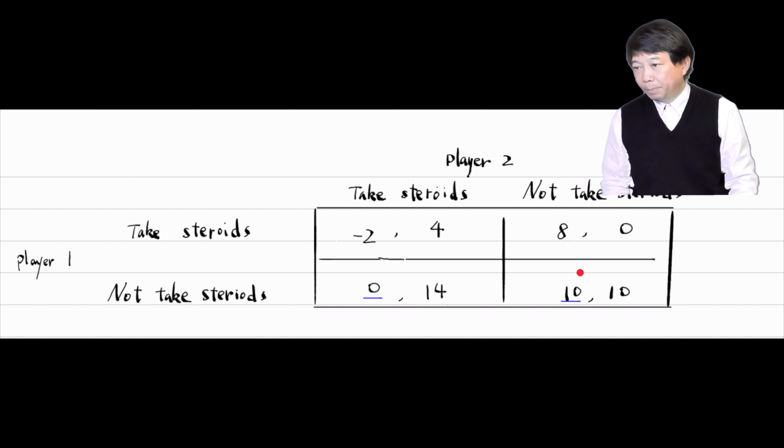Next, we figure out player 2's strategy. Given that player 1 takes steroids, player 2's best response is to take steroids. We underline his payoff of 4. Given that player 1 chooses not to take steroids, player 2's best response is also to take steroids. We underline his payoff of 14. Finally, we circle the cell with both payoffs underlined.